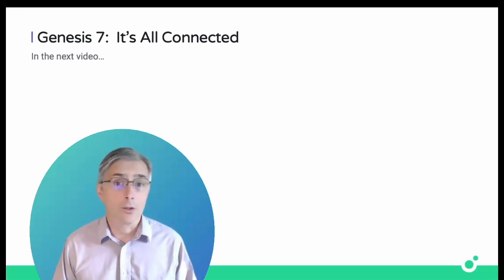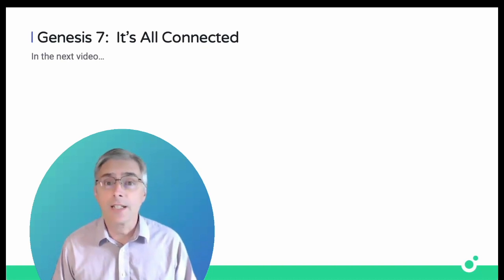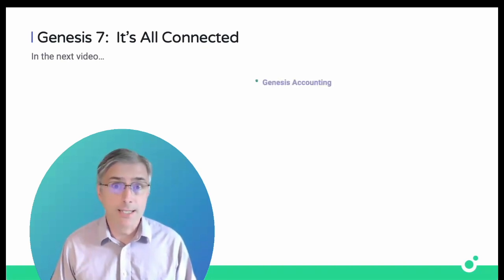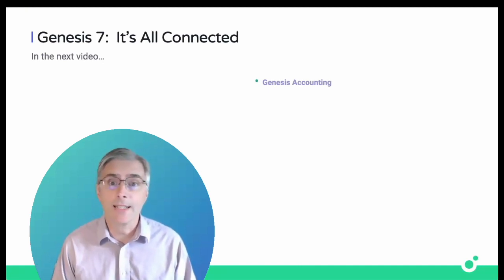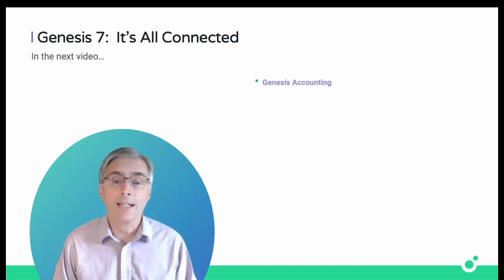Now that we've taken a look at some of the ways you can trace this interconnected and interrelated data throughout Genesis transactions, in our next video, let's look at Genesis accounting. We'll take some of the data we were looking at in invoicing in Genesis transactions that's been now posted through to accounting, and we're going to follow that data in the accounting modules.